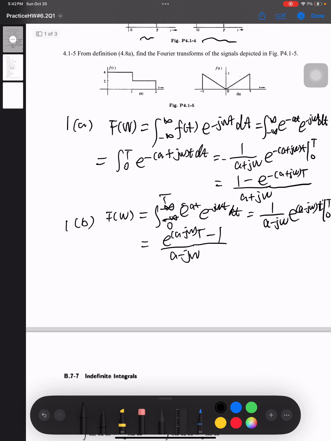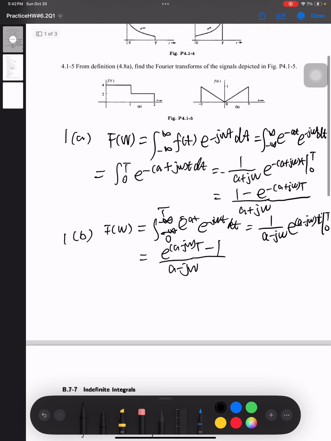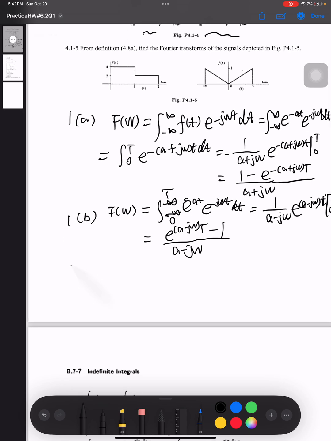And next question, 2a. Actually, f(t) is a piecewise function, with this domain here.